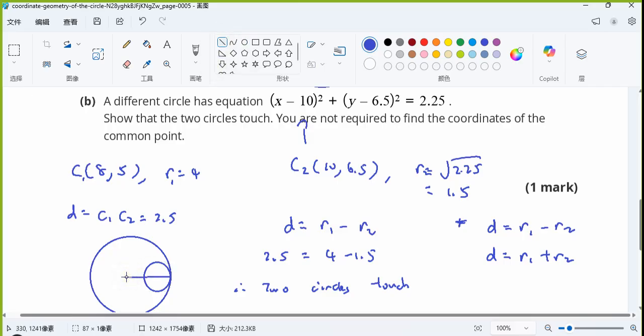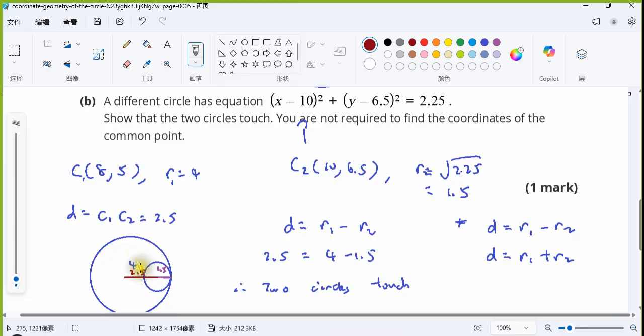You can imagine that the radius of the first circle is 4, the radius of the second circle is 1.5, and the distance between the two centers is 2.5.